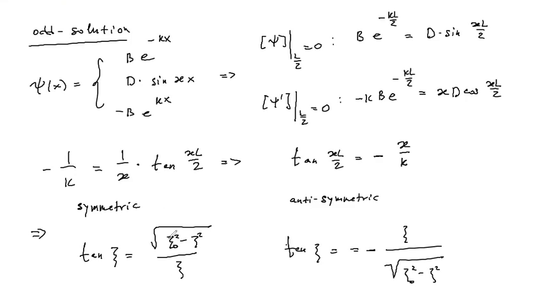Whatever energy I find on my left side, this would be energy of symmetric solutions. Whatever energy I can find on the right side, this would be energy of anti-symmetric solutions or odd functions.